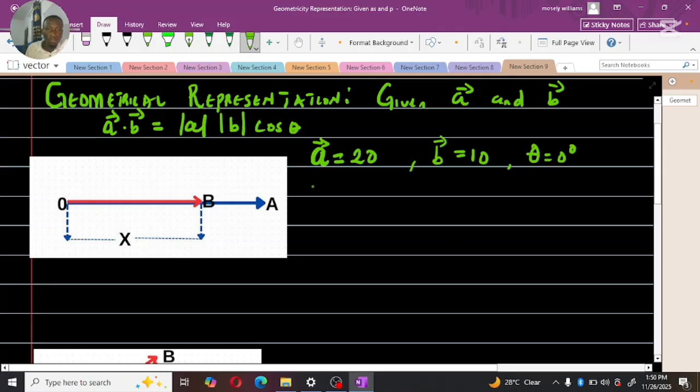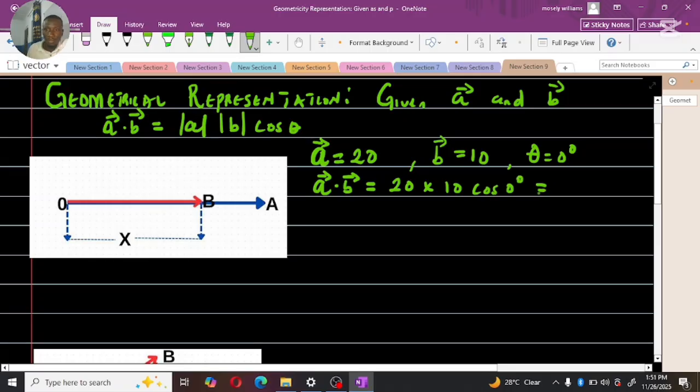Good. We want to look for the dot product, which will be the magnitude of A, which has been given as 20, and the magnitude of B, which is 10, times cos 0 degree, since theta is 0 degree.